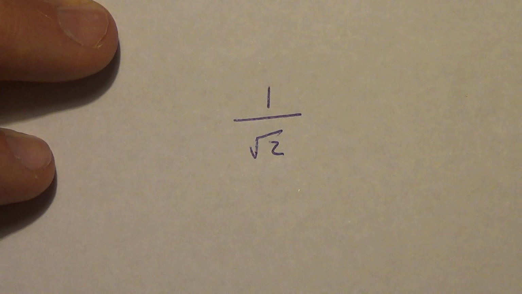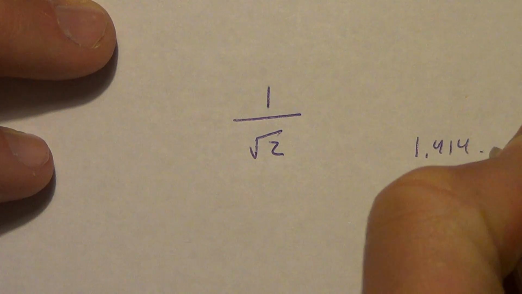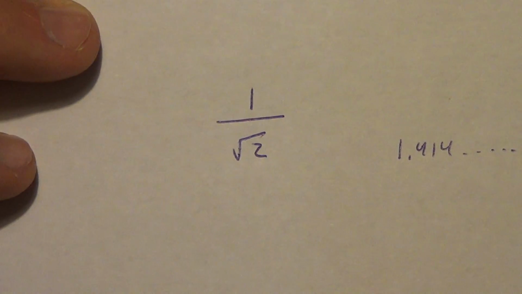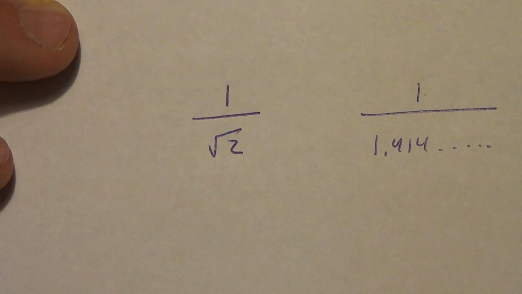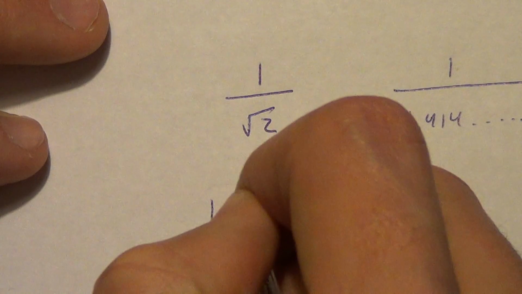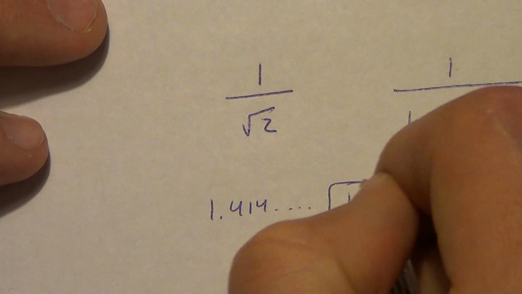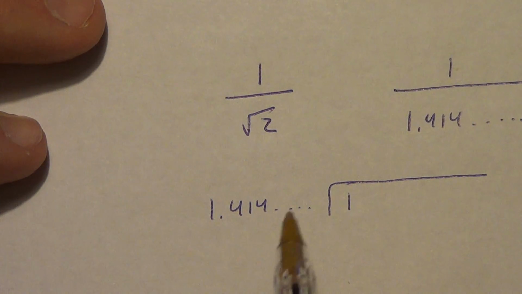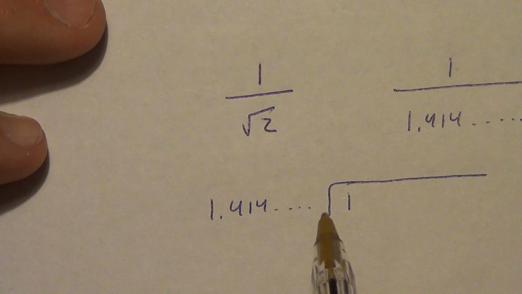Let me explain why in the past we didn't have roots in the denominator. Root 2 is 1.414 and a bunch of other decimals. So if I actually wanted to do this division, 1 divided by that, right? This is the way we used to do things. 1 divided by 1.414 and a bunch of other decimals. Now, if you guys remember long division from back in elementary school, when we had a decimal out here, we had to take this decimal point and move it all the way to the end.